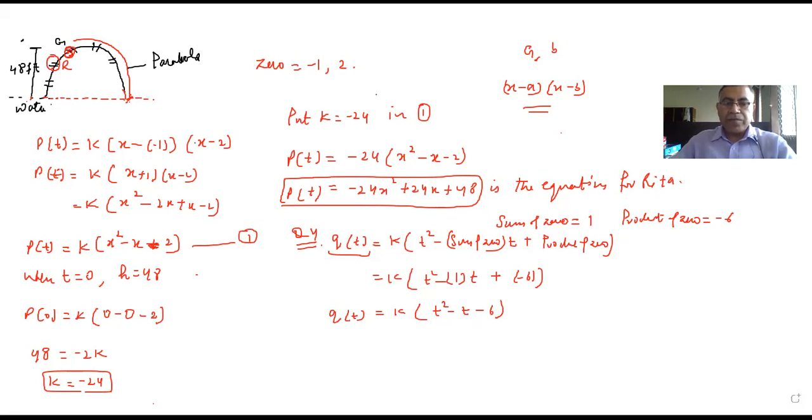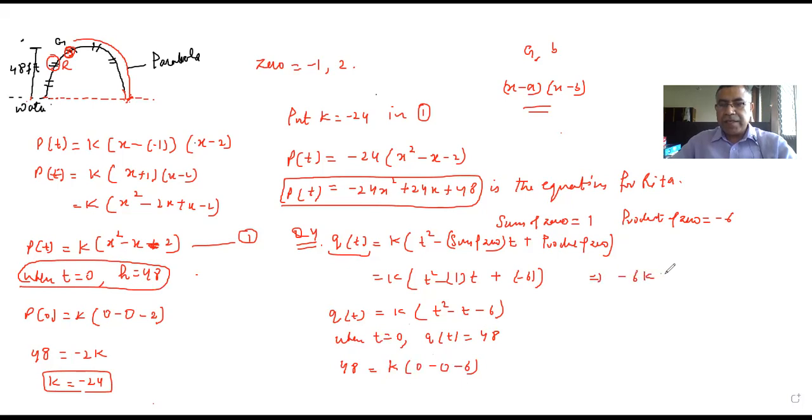Again, we will take the help of the first equation. When the time is 0, the height is 48. So 48 is equal to k times (0 minus 0 minus 6), which implies minus 6k is equal to 48. k is equal to minus 8.